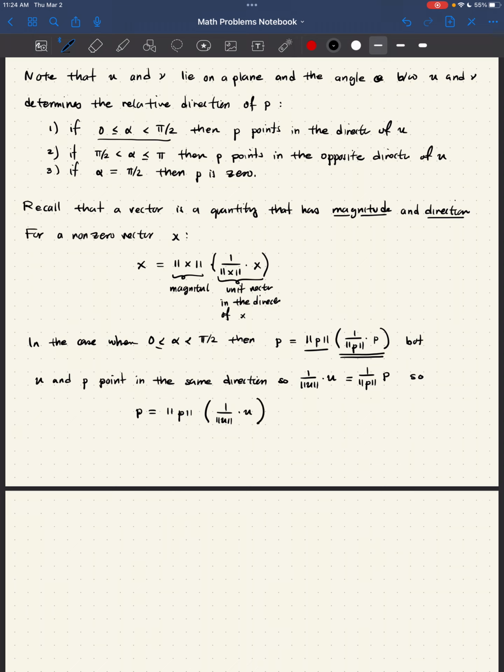Now, making a substitution, we get the following. So look, we have managed to partially place P in terms of U. It seems like the only component that is missing now is describing the magnitude of P. Well, let's give it a shot.